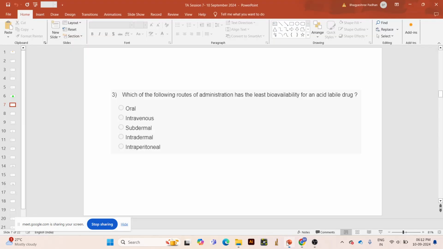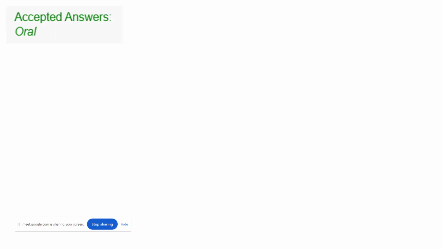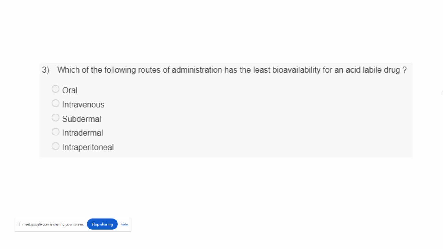Oral. Okay, yes, both of you are correct. It would be oral. If you administer an acid labile drug by the oral route, it will get degraded by the stomach acid, and it will be least bioavailable.